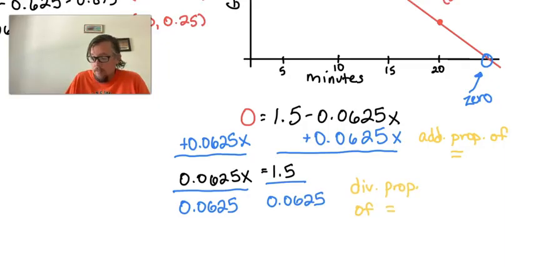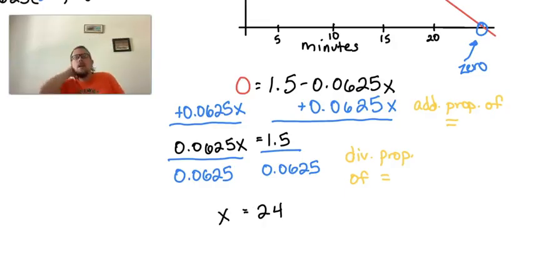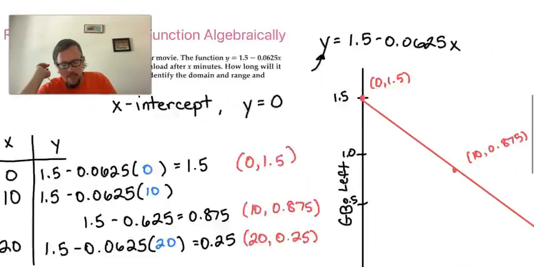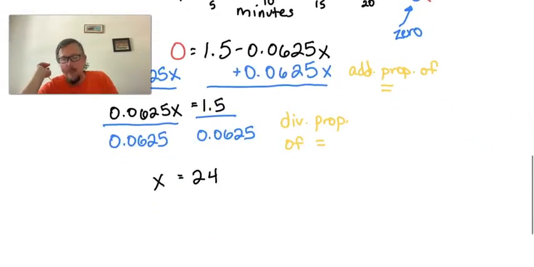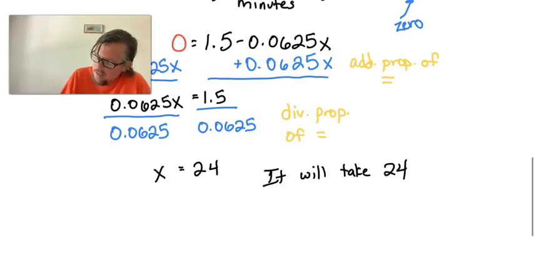And you aren't going to believe this, but it comes out to be exactly 24. So what does that mean? It takes, I forgot her name, it takes our person, Willow, 24 minutes. It will take 24 minutes to download the movie.